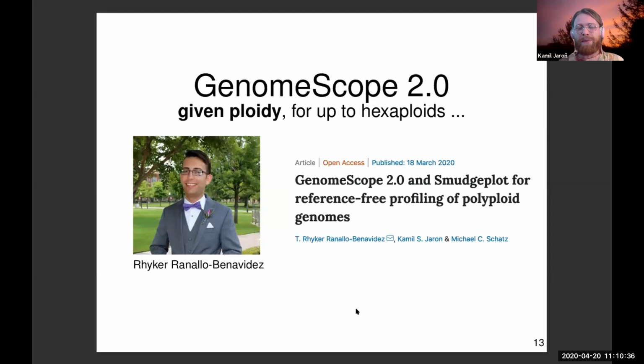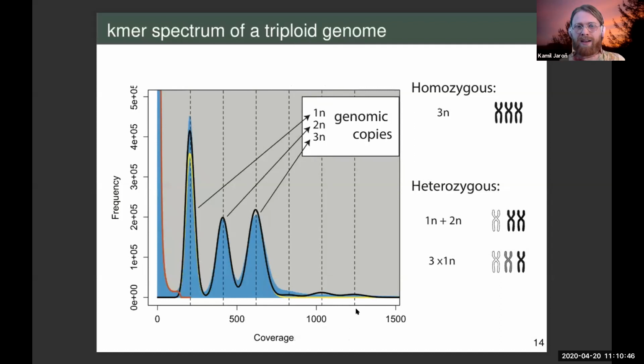So we started to put together my polyploid genomes with their tool, and we've done a lot of genome profiling together. And the idea is that I will show you a triploid case. Wait, sorry, I didn't see half of my slides.